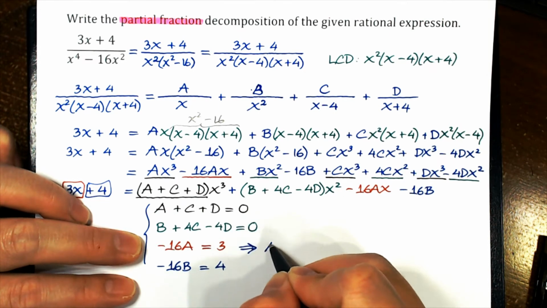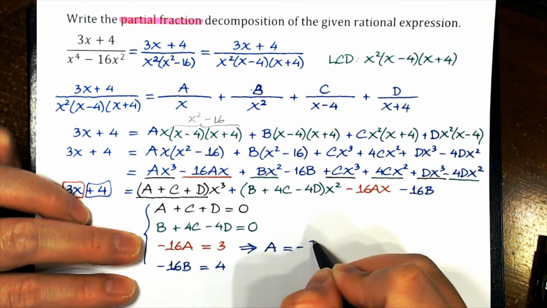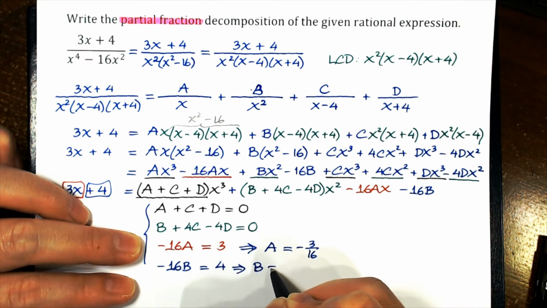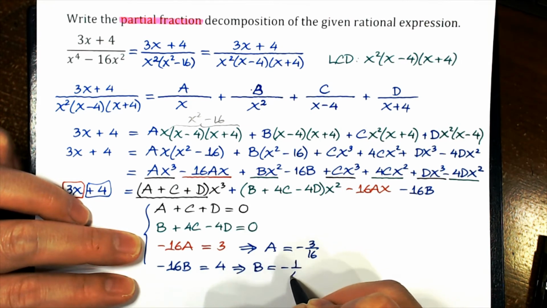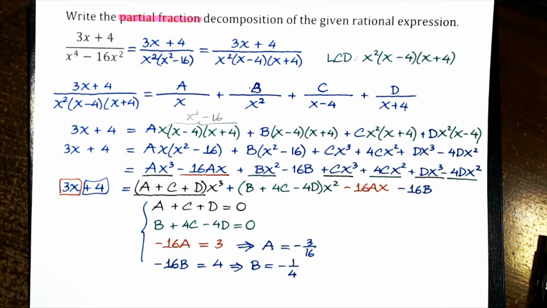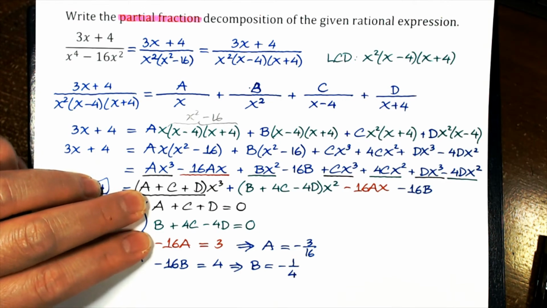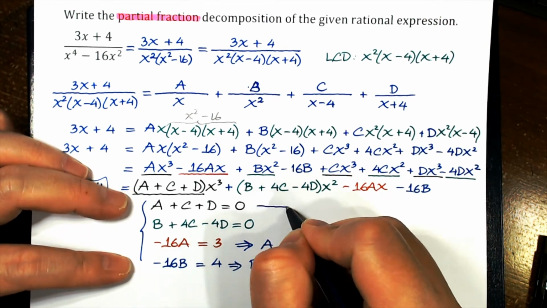We have a equal to negative 3 over 16, and then b equal to negative 1 over 4. So we have a and b. We substitute into these two equations.